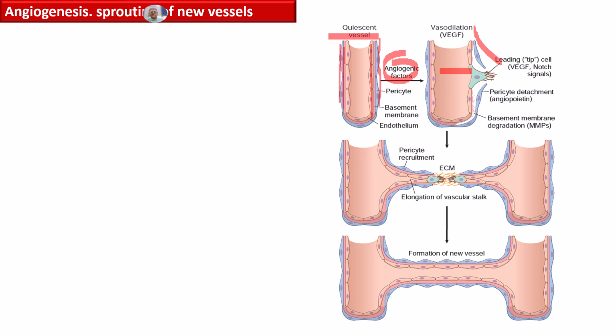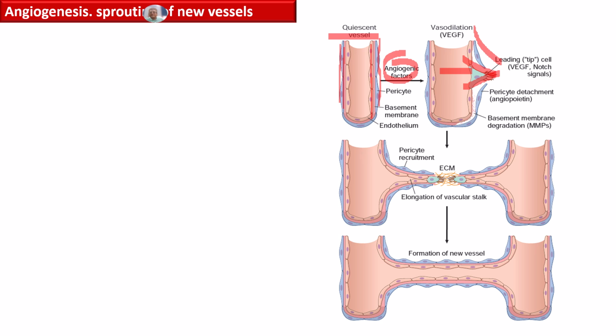This vasodilation occurs under the influence of nitric oxide and VEGF, with the detachment of the pericytes facilitated by angiopoietins, and degradation of the basement membrane facilitated by matrix metalloproteinases. So a leading tip of the endothelial cells is formed. It is guided by VEGF and notch signaling. It begins to sprout.